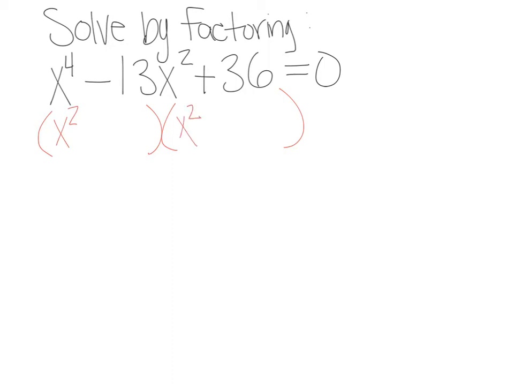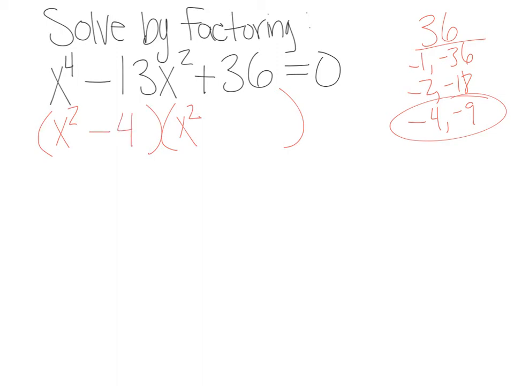And then just like before, we're looking for the two numbers that multiply to give us 36, but add to give us a -13. If I'm looking for two numbers that add to give me a negative, but multiply to give me a positive, I could say -1 and -36, -2 and -18, -4 and -9, and I think we just found our matches here. And those will add to give me -13.